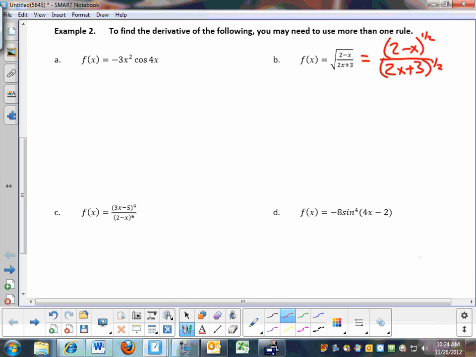Okay, and so we set it up like this. We have f of u, u of x, f prime of u, and u prime of x. f of u is going to be u to the 1/2, and u of x is going to be 2 minus x over 2x plus 3.